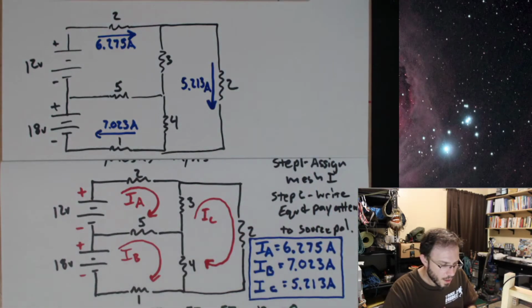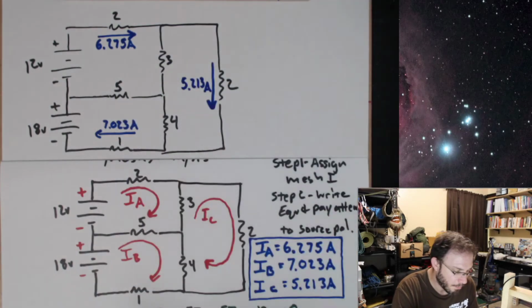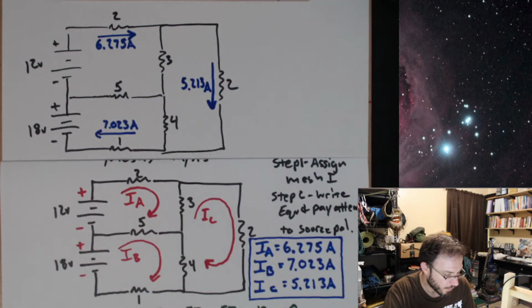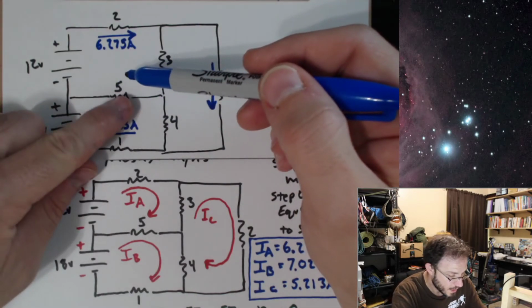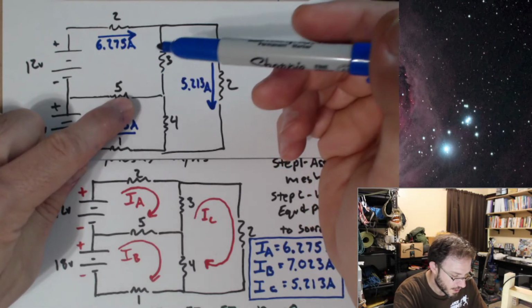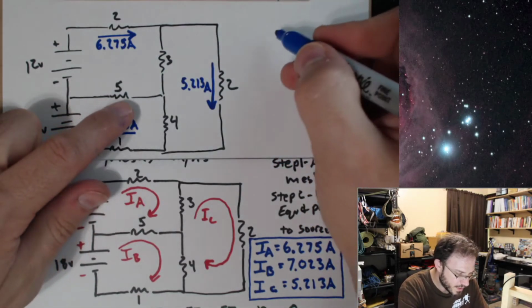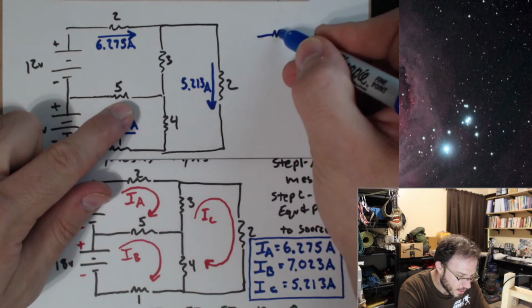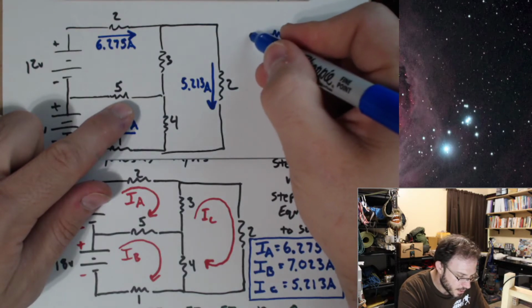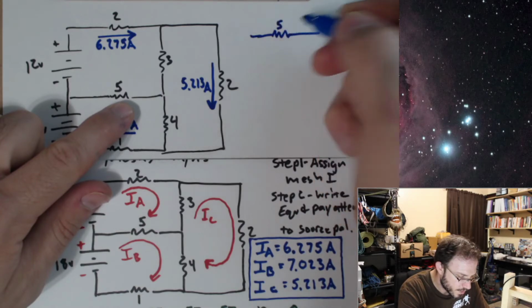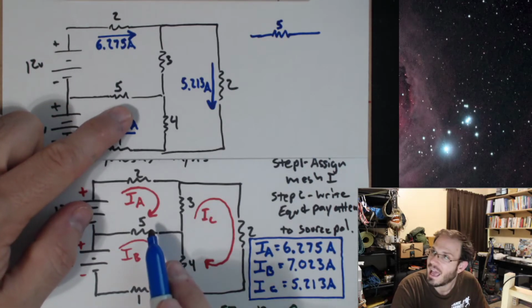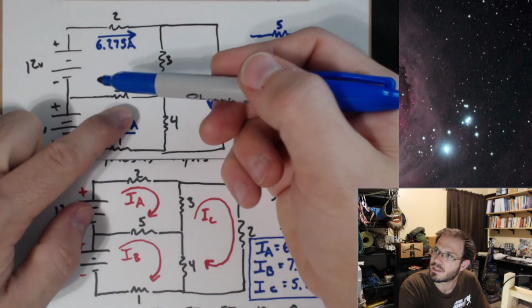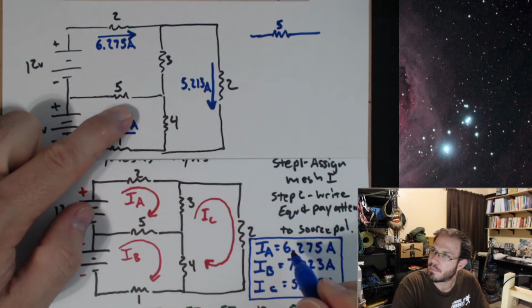Amps. Okay, now all the other components had multiple mesh currents involved. Let's start with this 5 ohm resistor, and I'm going to draw this off to the side here just to make it a little more apparent. This 5 ohms had 2 mesh currents involved. It had IA. IA was going to the left, and it's positive, so it goes in the same direction, with 6.275.